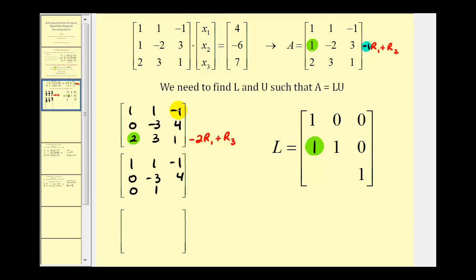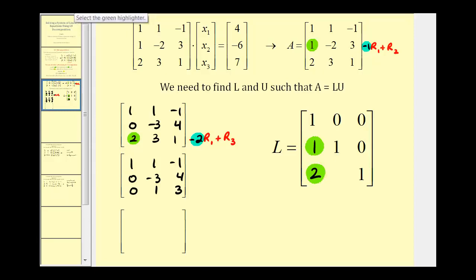And -2 times -1 is +2 plus 1 is +3. Our multiplier is -2 to obtain a 0 in row 3, column 1, which means row 3, column 1 of our lower triangular matrix will be the opposite of -2, which means this will be +2.